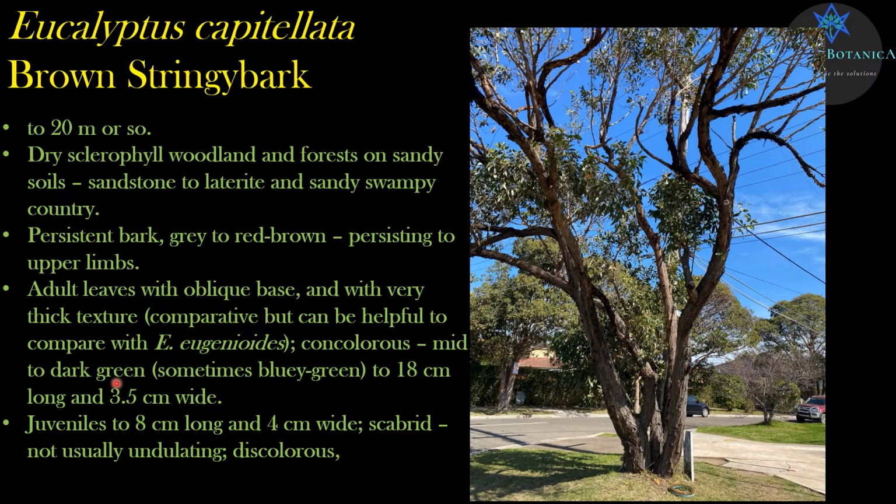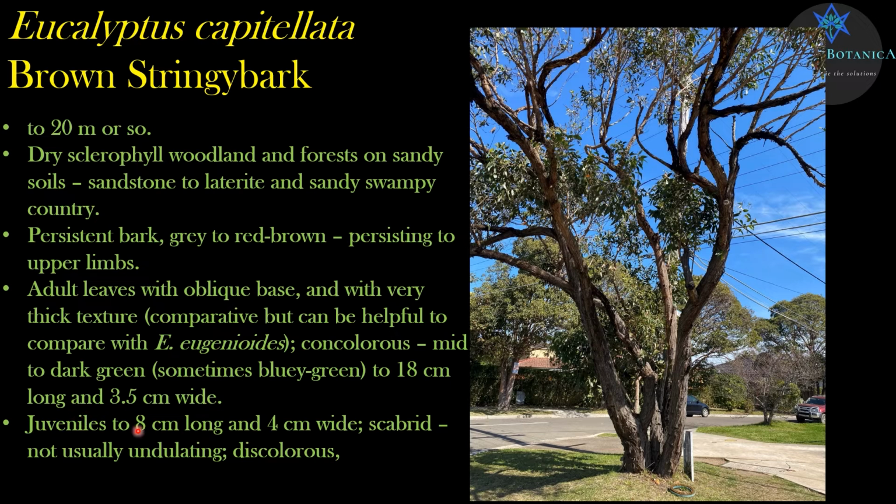Concolorous, mid to dark green. Sometimes I think they're bluey green in particular habitats, but I'll get onto that later. They could be bluey green when they're possibly intermingling with oblonga, or if they're bluey green, they might be oblonga. But this tree here's got genuine mid-green to dark green leaves. 18 centimetres long, 3.5 centimetres wide.